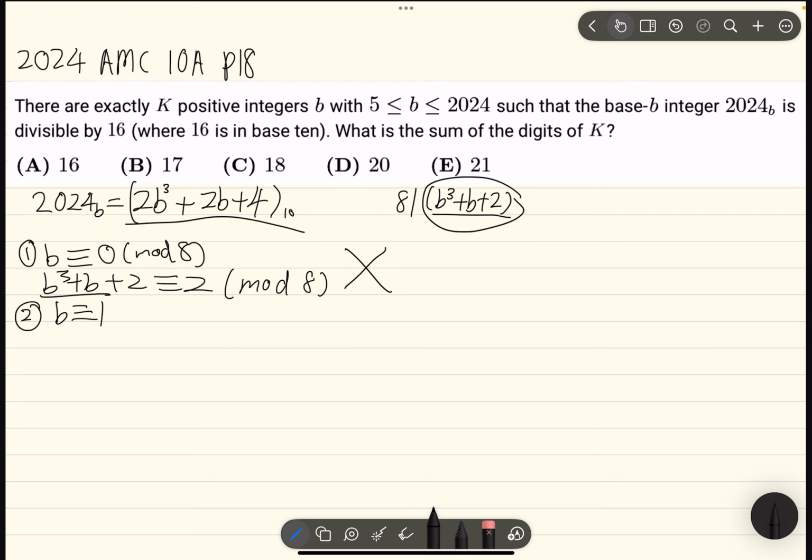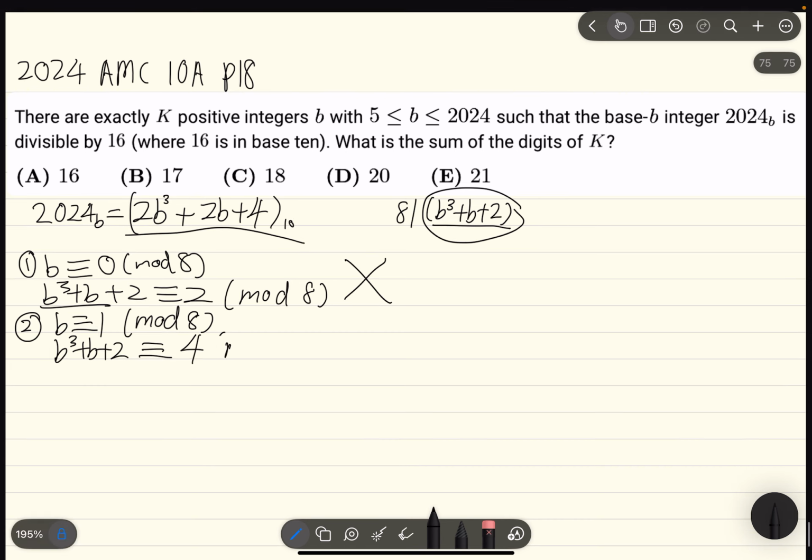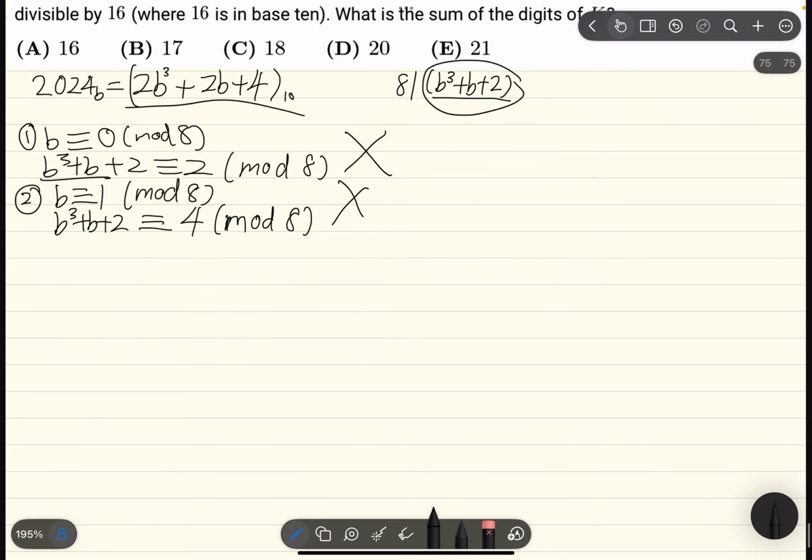Similarly, when b has a remainder of 1 when divided by 8, this is modular arithmetic. You can watch videos on this, but basically you can directly plug 1 into b. So 1 cubed plus 1 plus 2 is 4. The remainder is 4 when divided by 8, which does not work, because the remainder should be 0.